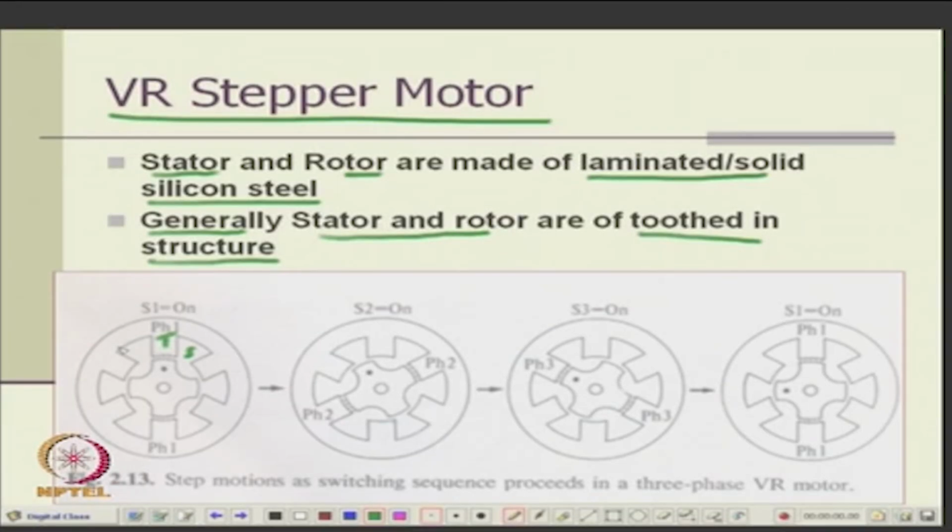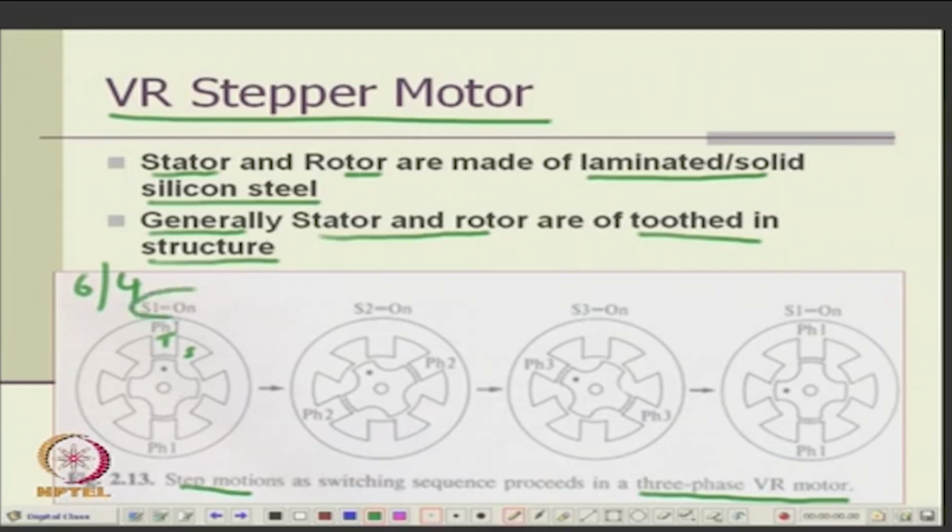right. So, now the step motions as the switching sequence proceeds, let us say you have 3 phase, that means there are 6 poles in the stator. So, it is basically 6 by 4 in this case, right. Now, if phase 1 is excited, the magnetic field is like this, so the rotor is aligned with this position.